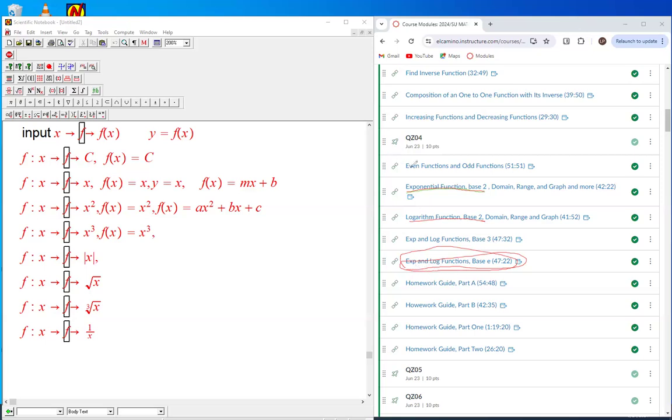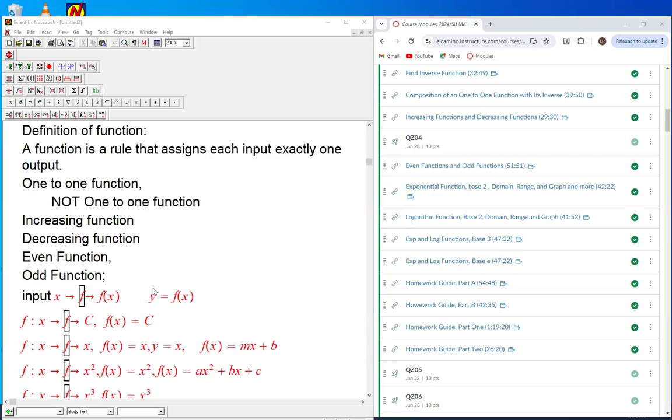So these few sections are very important, and you also get to apply these concepts, right? Increasing, decreasing, even, odd, one-to-one, and so on and so forth.